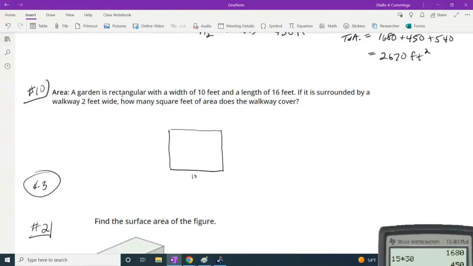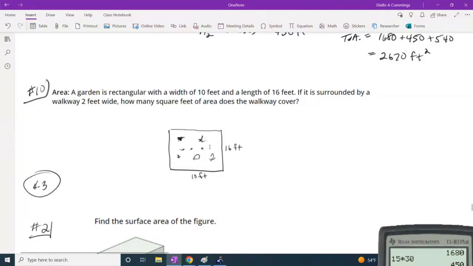It's 10 feet wide and 16 feet in length. All right, so it's like some flowers in here, however flowers are supposed to look. So that's the garden. It's surrounded by a walkway 2 feet wide. How many square feet of area does the walkway cover?